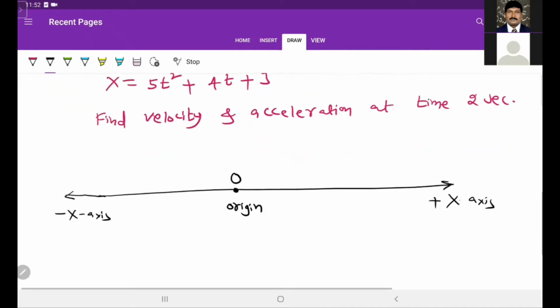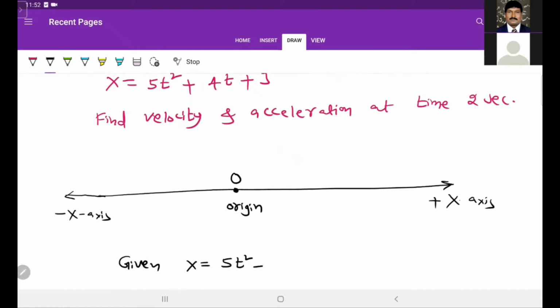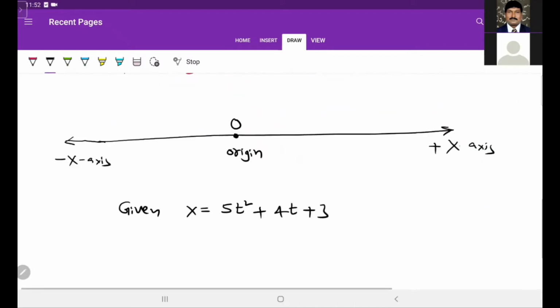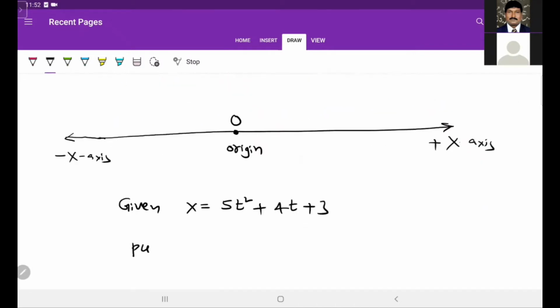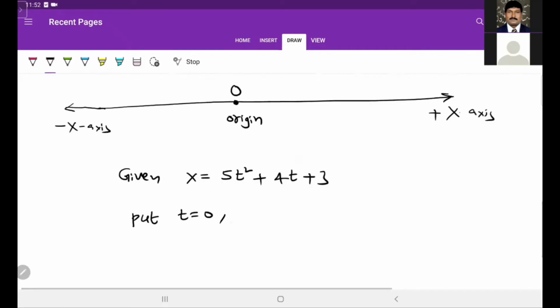The given equation is x is equal to 5t square plus 4t plus 3. Put time t as 0. If I put time t as 0, I get x is equal to 3 meters.